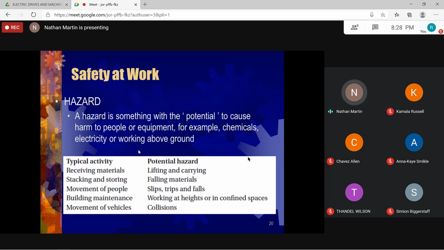Movement of vehicles, like at the Kingston Wharf. That is one of the busiest areas and you have a lot of collisions, and that is why on the wharf it's only one way. They try to reduce collisions by having one-way traffic.